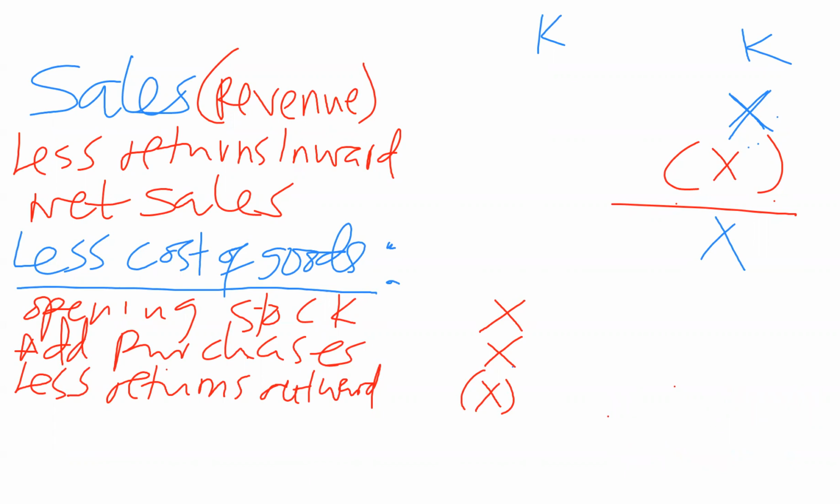Then from there, what are you going to have next? Once you less the returns outward, you will add the carriage inward to the cost of sales. Now, what is carriage inward? Carriage inward is actually the cost that you incur when you're bringing some goods inside the firm.